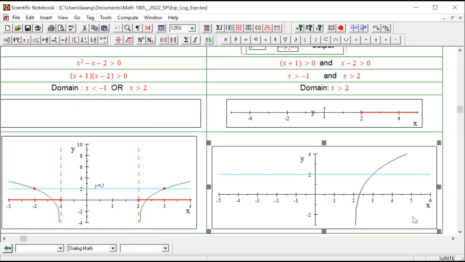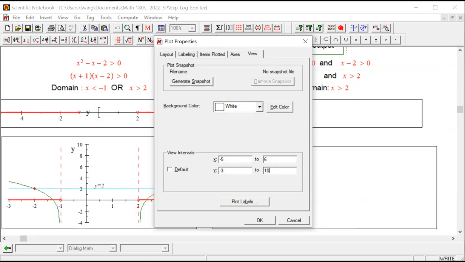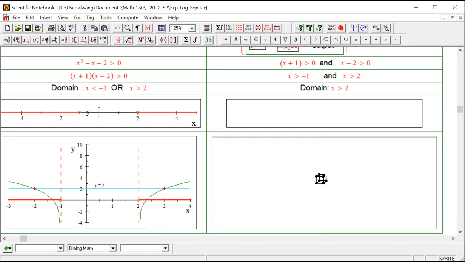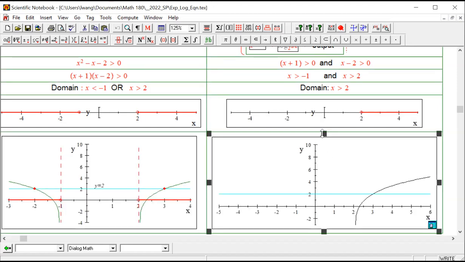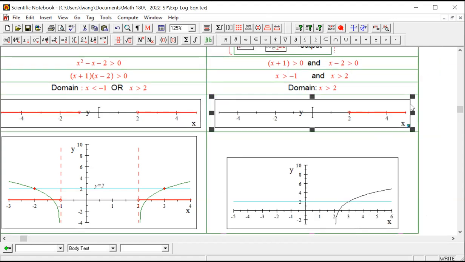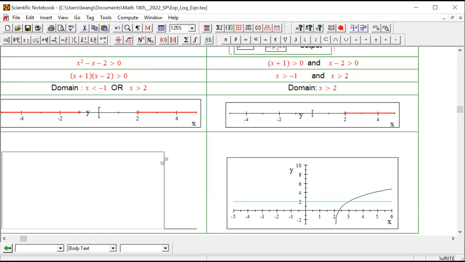And I'm going to make some comparative adjustment to the graph. You can see the big difference is shown because the domain makes such a big difference.